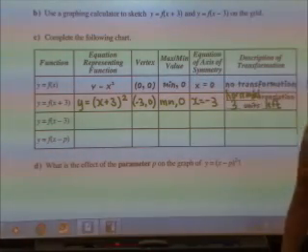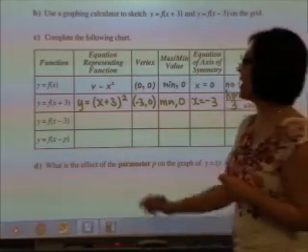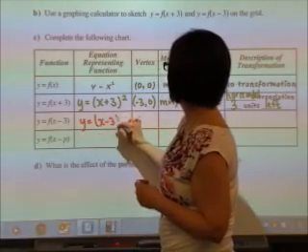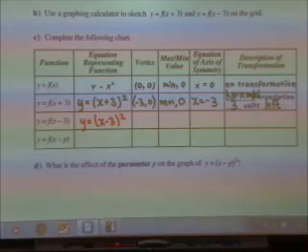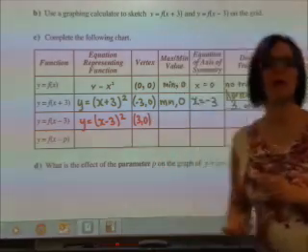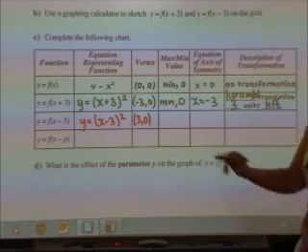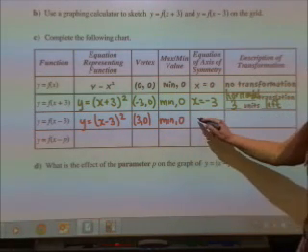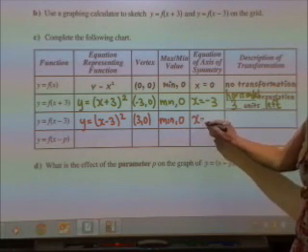So then if I look at the next row of f of x minus 3, which would be (x minus 3) squared, what's the vertex this time? 3 and 0. Min or max? Of what? And axis of symmetry? x equals 3.